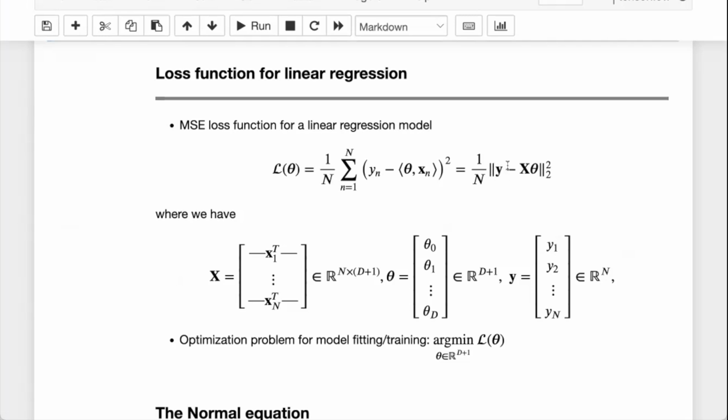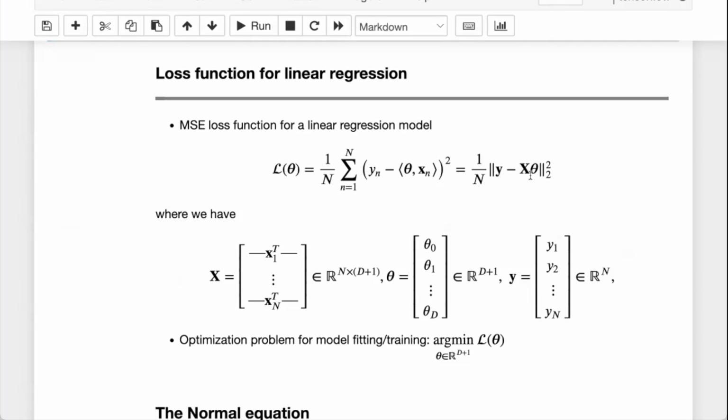So we get a vector where each element is one residual for one of the data points. Since the Euclidean norm squared of a vector is the sum of the squares of its elements, this is a better way to rewrite the loss function that we have here.